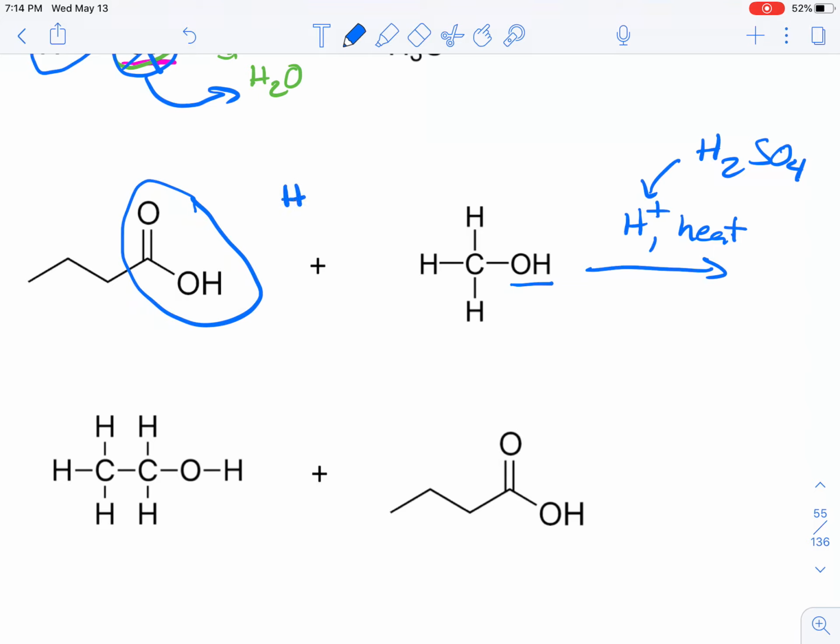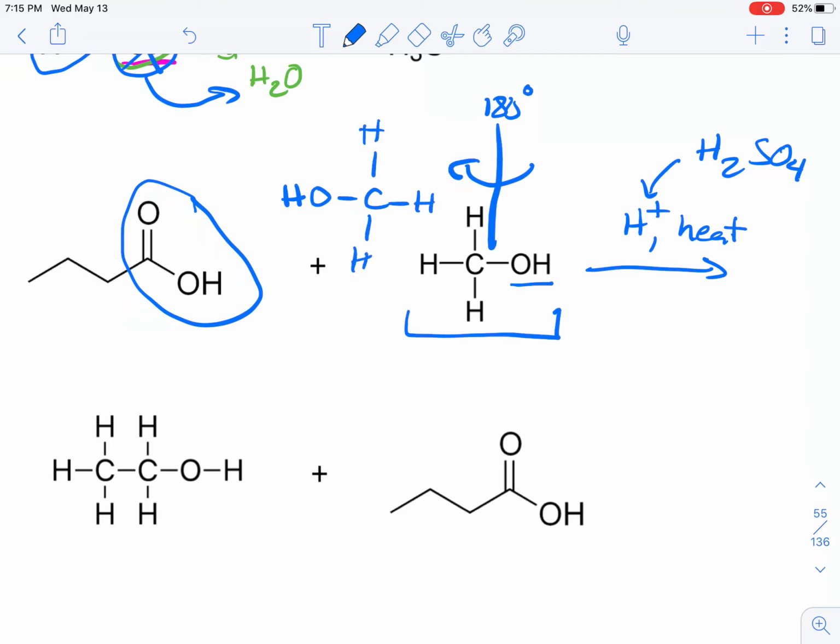So I'm just going to go ahead and draw the alcohol's mirror image. So I'm going to rotate this 180 degrees. So I have my OH, C, H, H, and H. So I'm just drawing its mirror image.